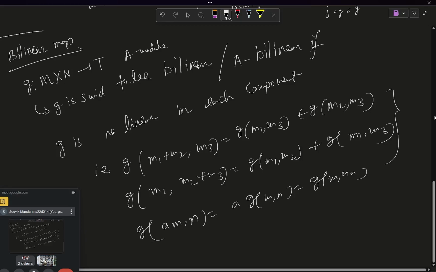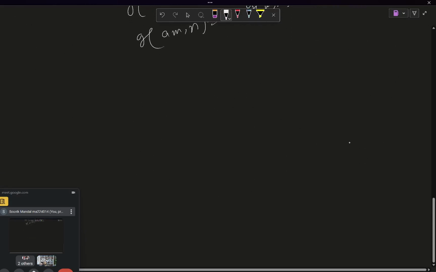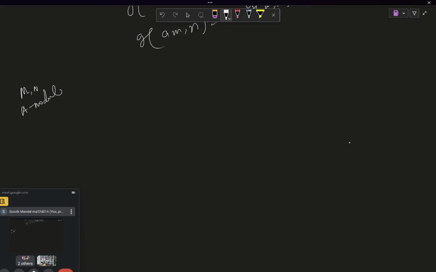Yes. Okay, so this is one thing. Now let me extract what the statement tells. Suppose we have some modules M and N, both A modules.